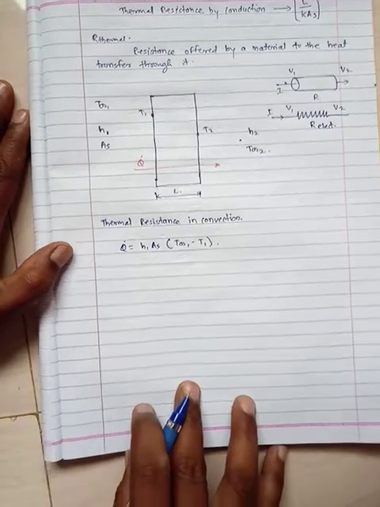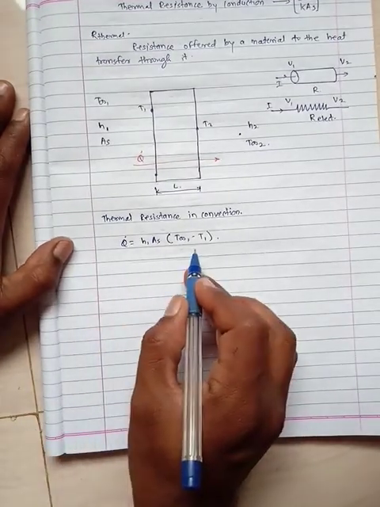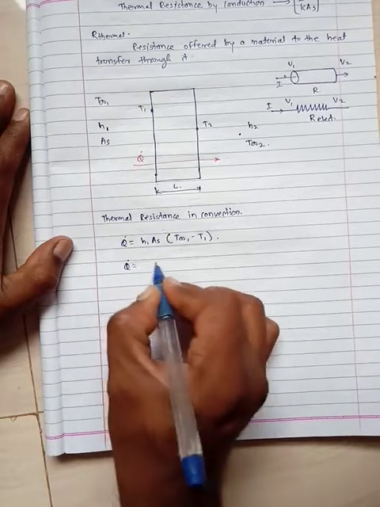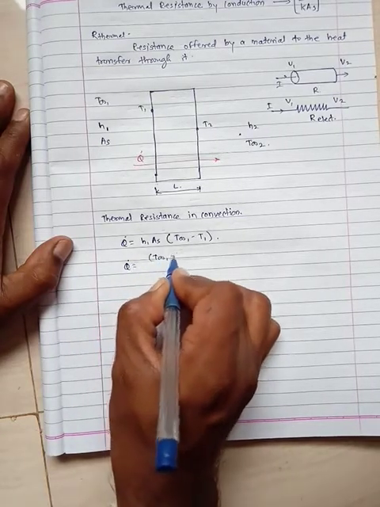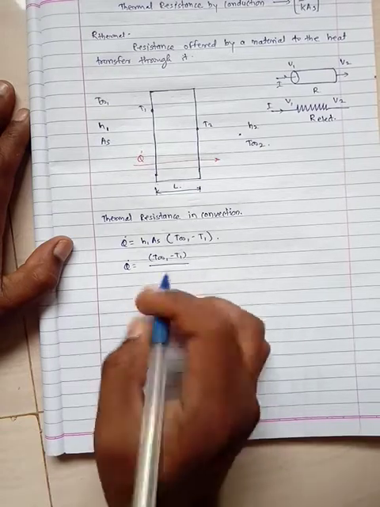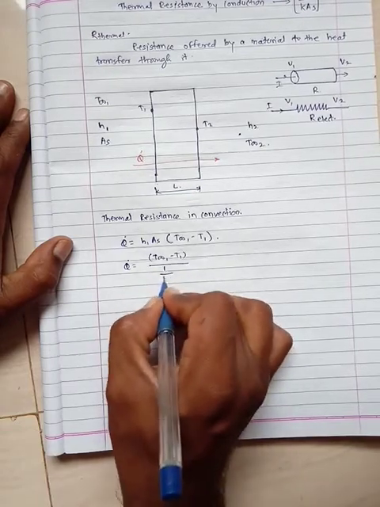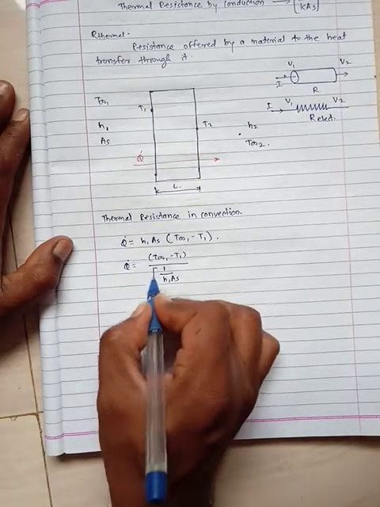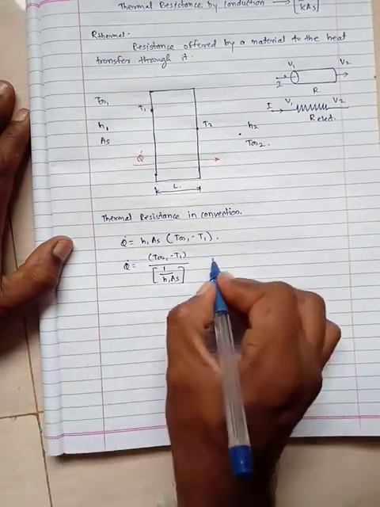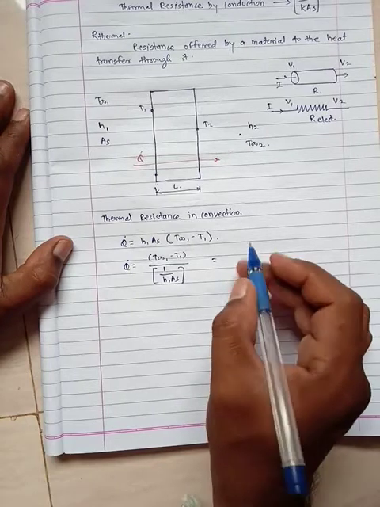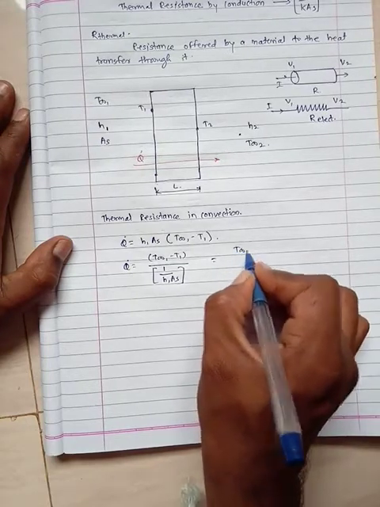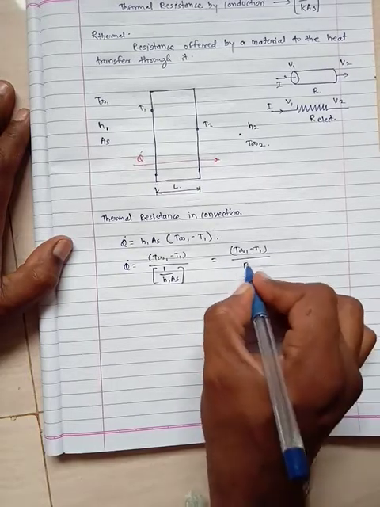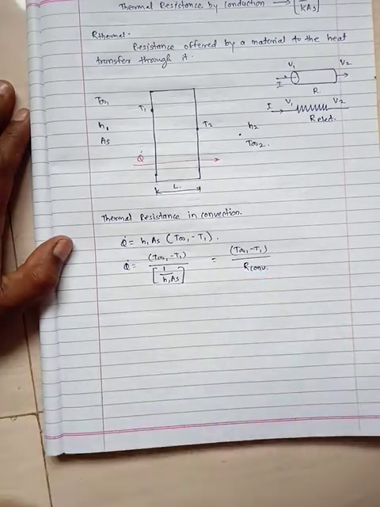If we convert this equation, Q is equal to (T infinity 1 minus T1) divided by 1 upon h1 As. Similarly, we can write the heat transfer rate as (T infinity 1 minus T1) divided by R convection.